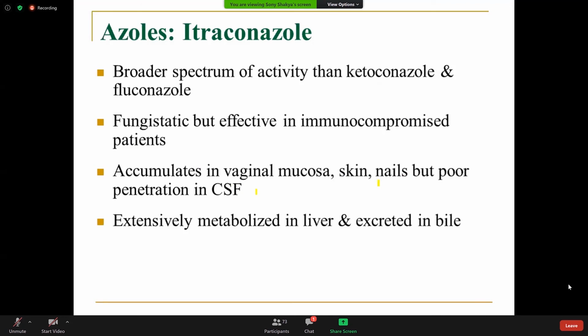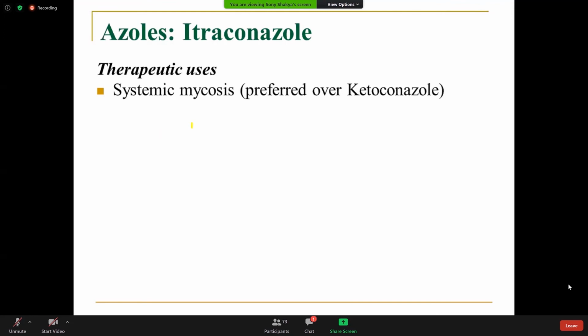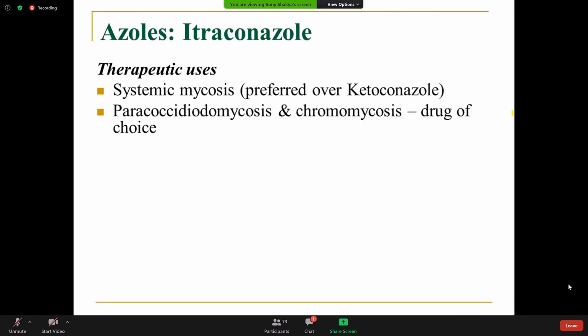It is extensively metabolized in liver and excreted in bile. It has a relatively longer half-life, approximately 30 hours. In systemic mycosis it is used, and preferred over ketoconazole.